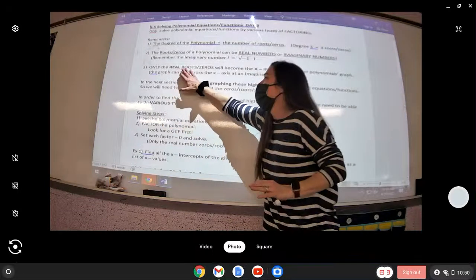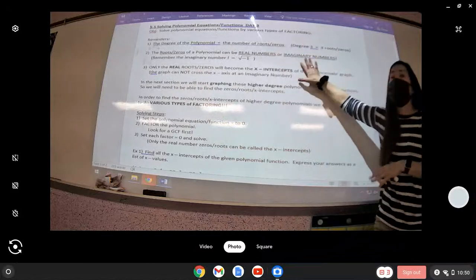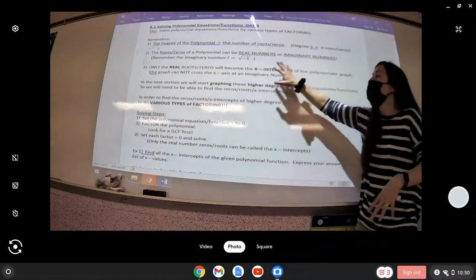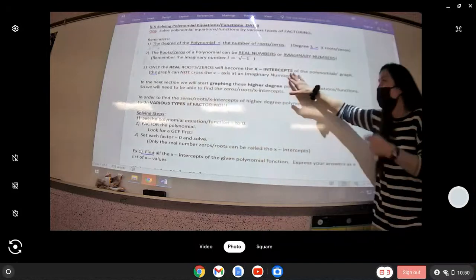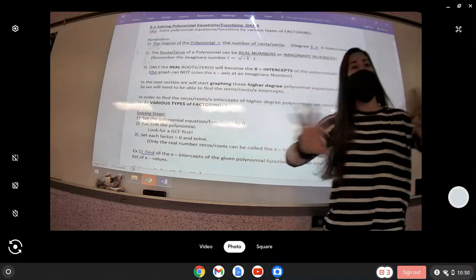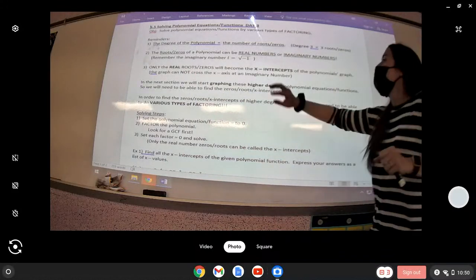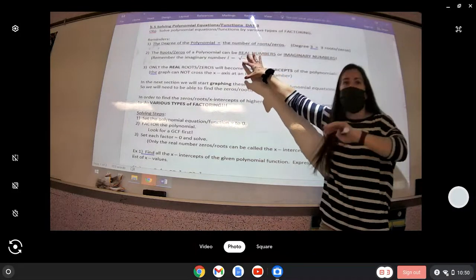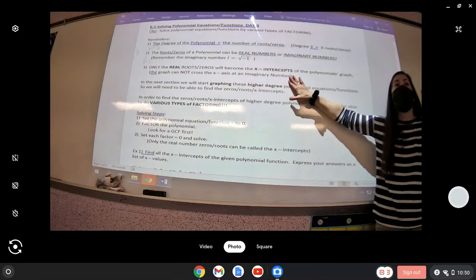Now, only the real number roots or zeros. If you get real number and imaginary number answers to this problem, only the real number answers, the roots or zeros, can actually be called the x-intercepts, because a graph will not cross over the x-axis at an imaginary number. So not all of your roots, zeros, or answers can be called an x-intercept.